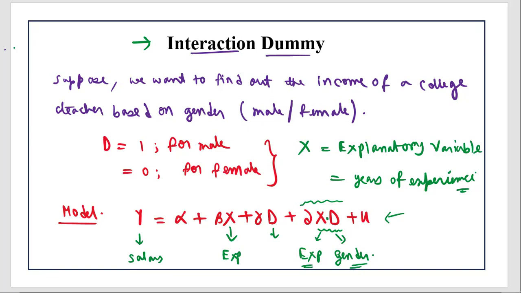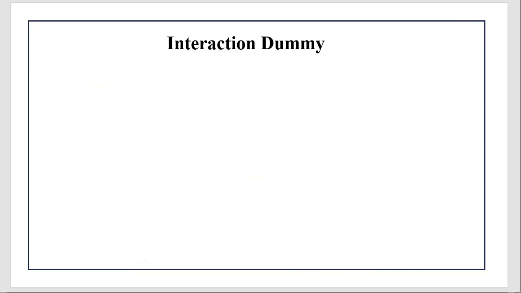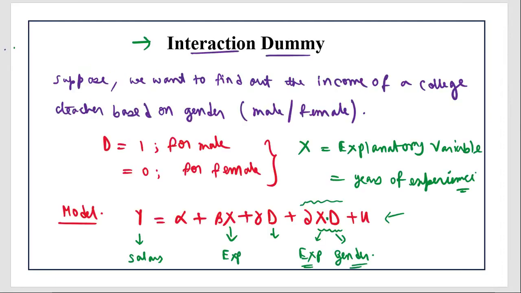Now, let's do the same thing that we used to do. Find out what will be the mean income. So let's just try to find out what will be the expected income or the average income of the male college teacher. So expected value of y given d equals 1 and the years of experience. Now see, in the model you have an explanatory variable as well. So this x variable is also in the given part.